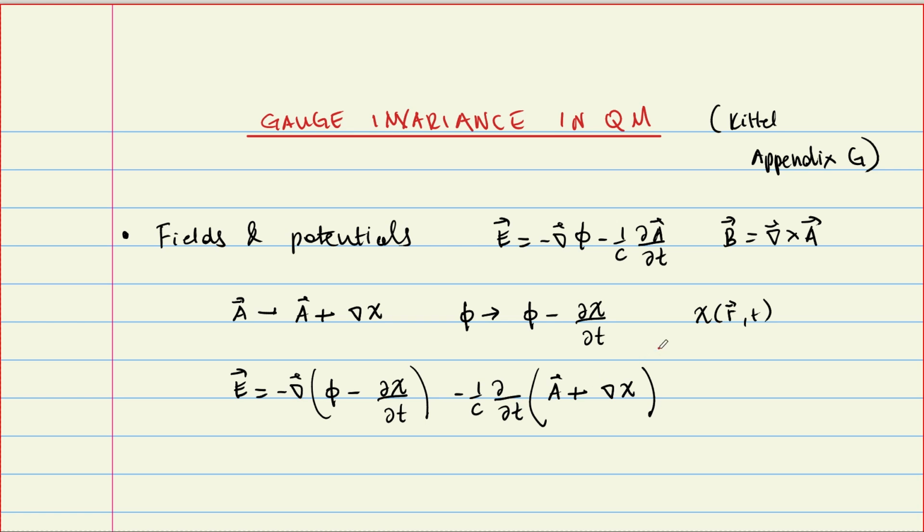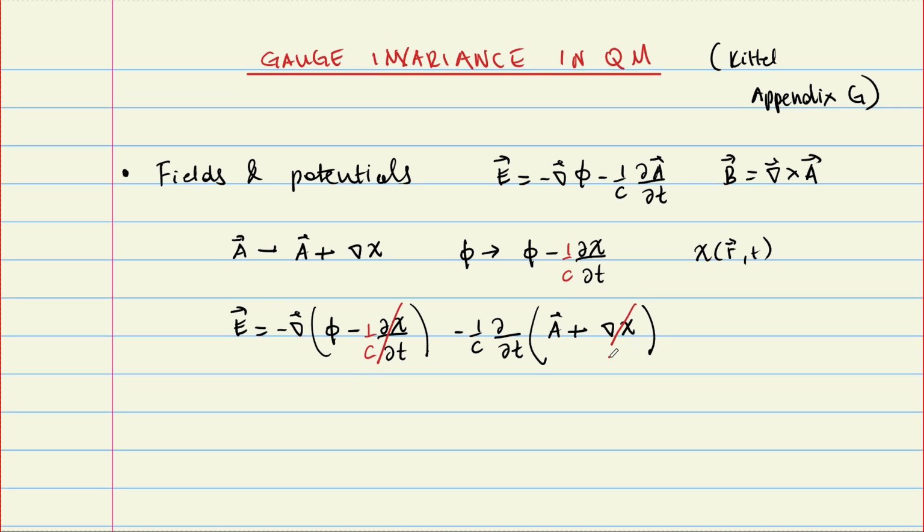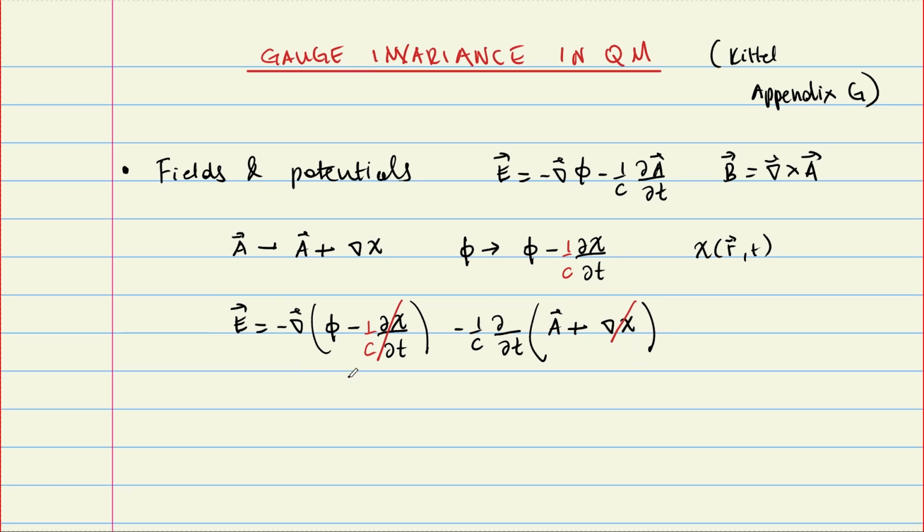For the time derivative, I think there is a 1 over c here. So minus, minus is plus. This term is going to cancel this term. And if I call this E prime after the change of gauge, it's going to be equal to E.